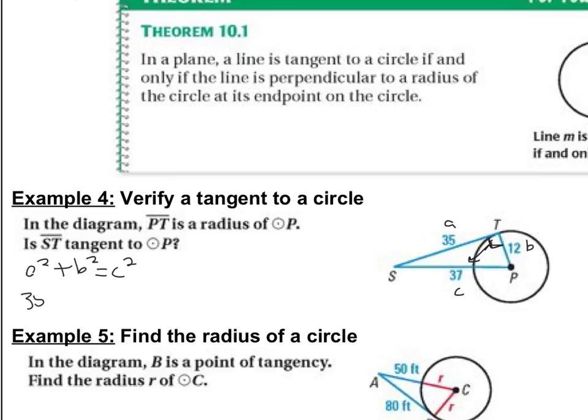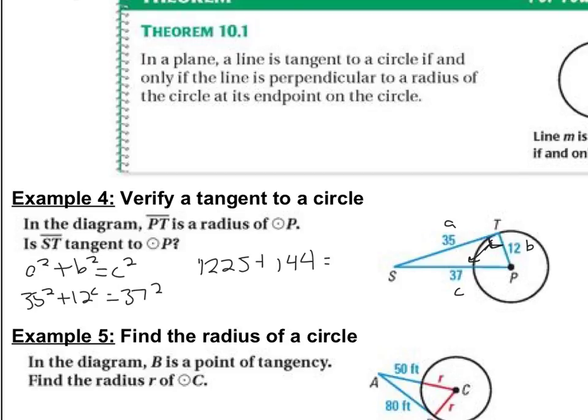So 35 squared plus 12 squared equals 37 squared. So hopefully you have a calculator nearby that is handy that you can use to square all of these out. Remember, just like the last chapter test that we took, we're just trying to determine if they are equal to each other. So 35 squared is 1,225. 12 squared is 144.